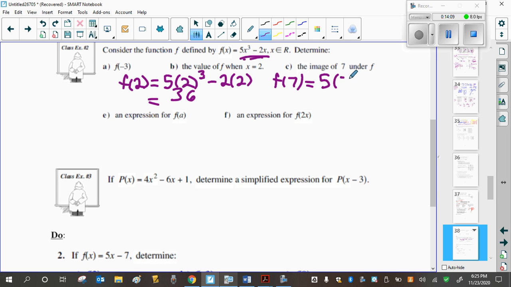For f of 7, 7 cubed, subtract 2 times 7. I don't know the answer, but I should have 2 calculators nearby. On my calculator, well, that one's dead. Mayday, mayday.